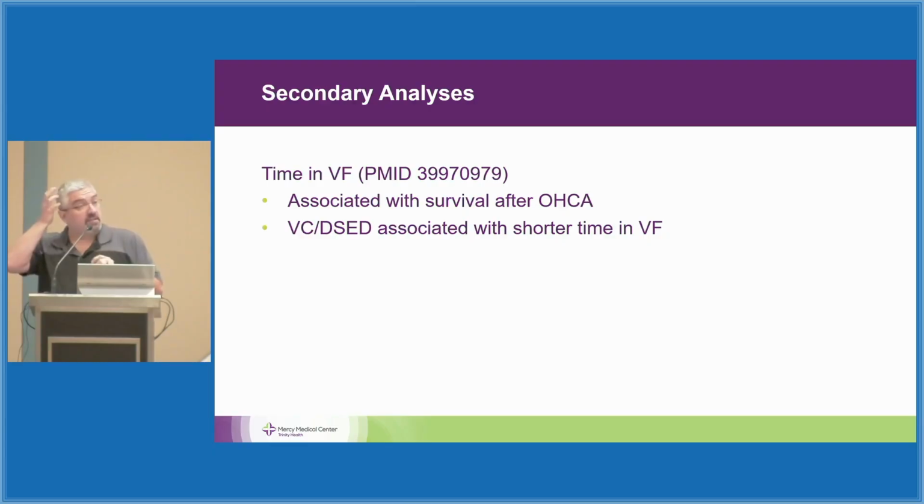And they found, perhaps unsurprisingly, that the less time you're in VFib, the better you do. Both vector change and dual sequential were associated with shorter time in VFib, even though patients were still in VFib at each pulse check. So it appeared to be associated with better survival.